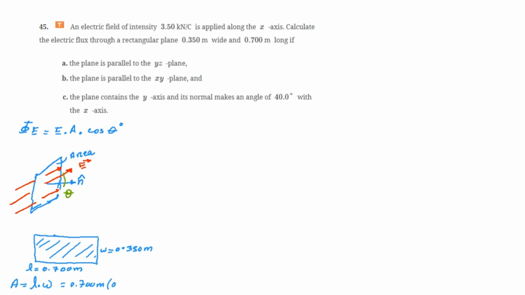So if they give you the angle between the plane and the electric field line, and you want to find the angle theta, that is the angle between the normal to the plane and the electric field line, you must subtract this angle from 90 degrees. So it's confusing, but with some reading, reading this multiple times and trying to represent the problem in your mind, you will eventually be able to understand this, right?